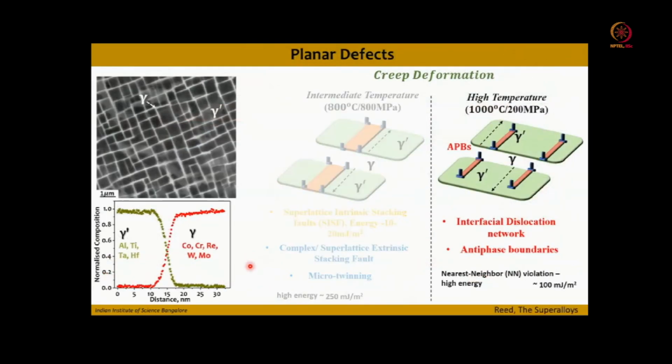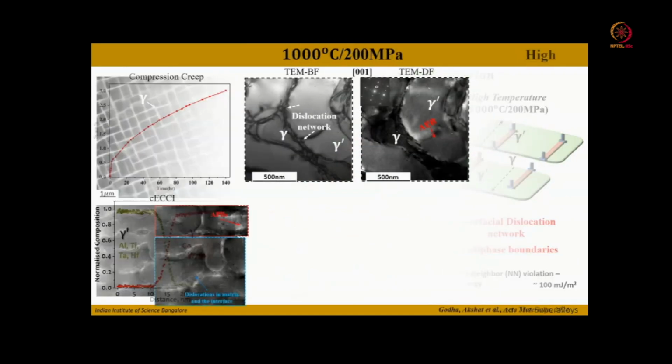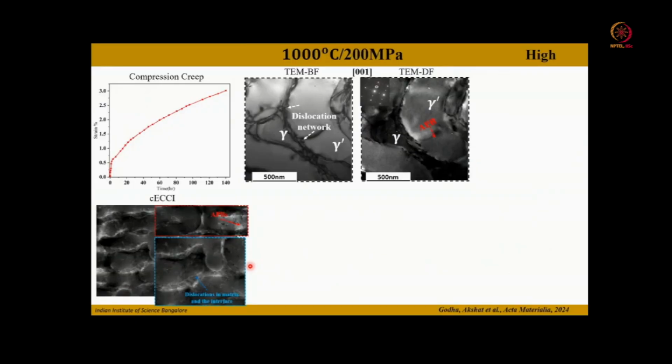So this I talked about for the intermediate temperature. Now, if you go to high temperature at 1000 degrees Celsius, where you have nearest neighbor violation and higher energy, after creep deformation you can see that these gamma prime precipitates have been sheared, creating antiphase boundaries. Even at the gamma gamma prime interfaces, we see a large amount of dislocation network.